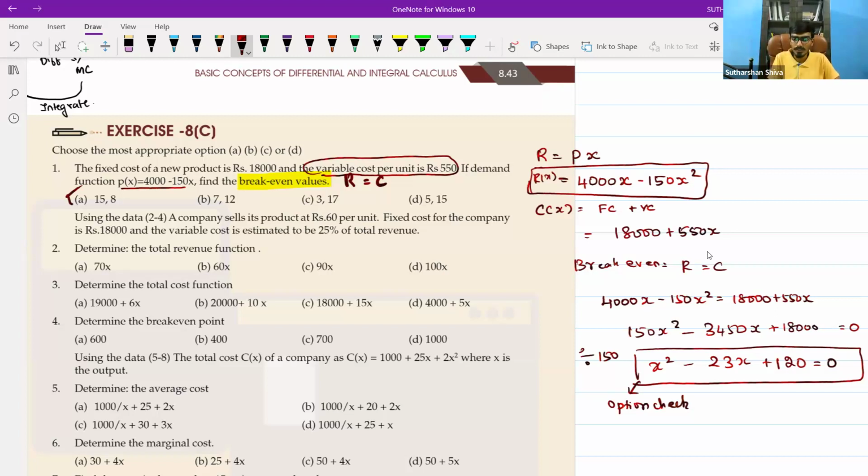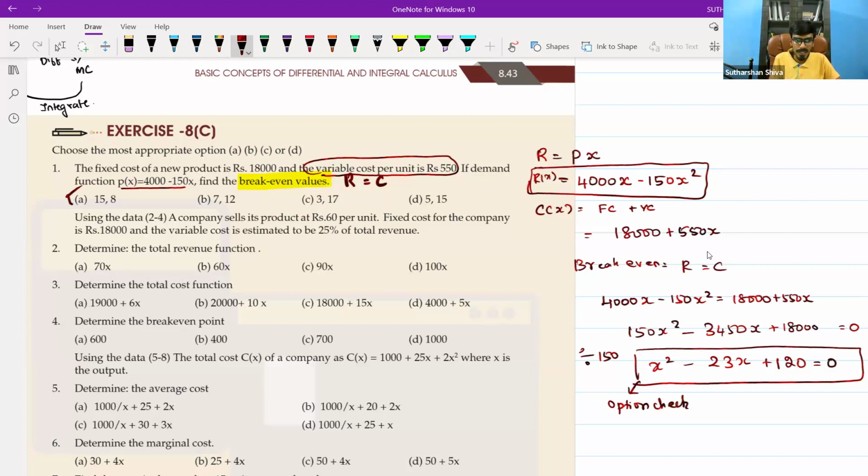Take a calculator and do it. 15 squared minus 23 into 15 plus 120, you will get exactly 0, right?